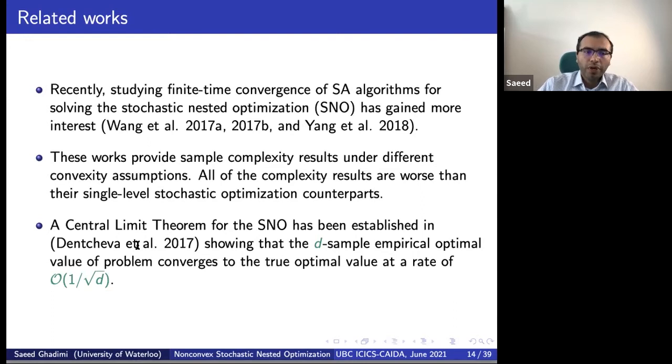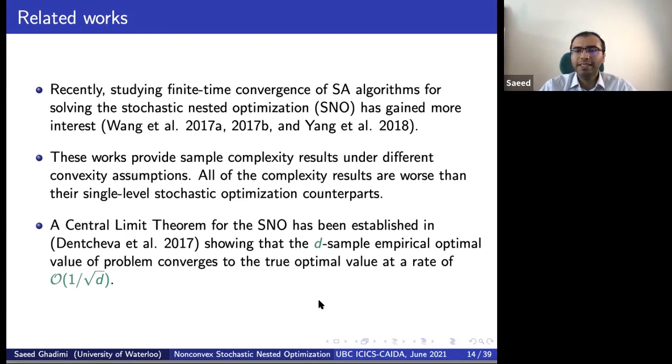There is another work recently showing that for the central limit theorem, the case is different. While for these algorithms we cannot recover their convergence rate for the single-level problem, for the central limit theorem, people have shown that the d-sample empirical optimal value of the problem converges to the true optimal value at the rate of 1 over square root of d.